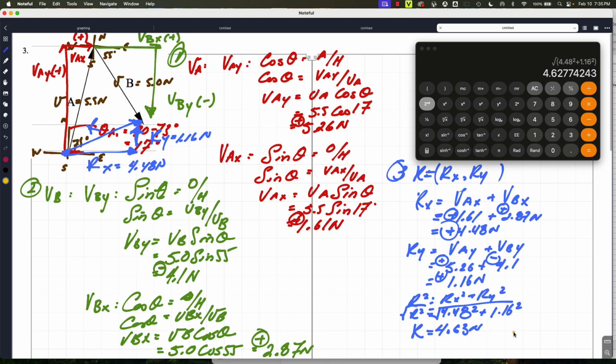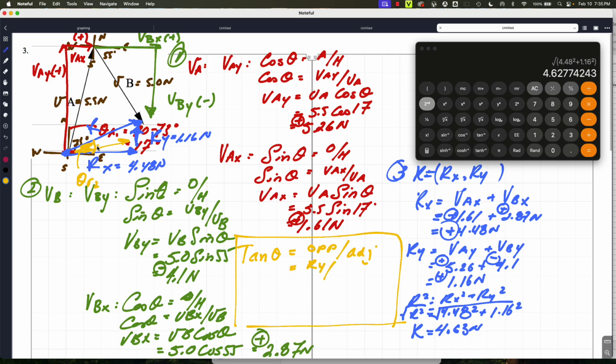Now that we know the magnitude, let's calculate the angle. I'm just going to draw a little box here. We're running out of paper, but I'm sure we can fit it in right here. Tangent theta equals opposite over adjacent. I'm trying to figure out this angle here, and we can call it theta R2 if you like. And this angle has an opposite value of Ry and adjacent value of Rx.